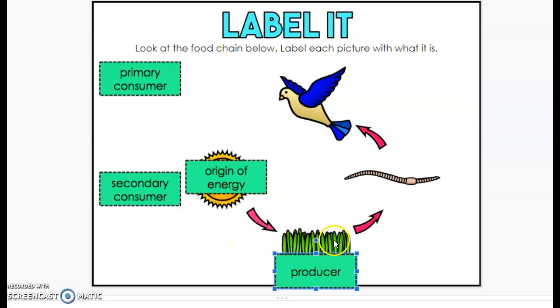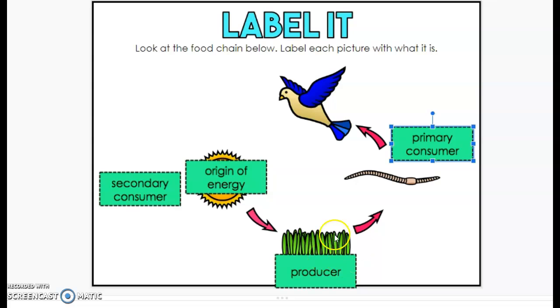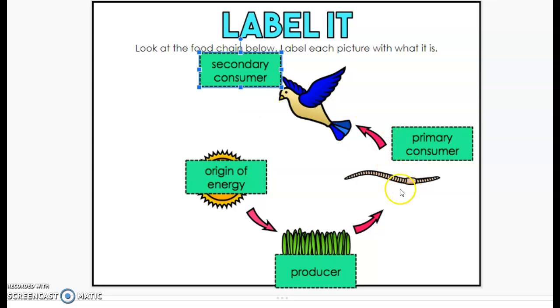Then the primary consumer consumes that producer, and then the secondary consumer eats that one. So it starts with the sun, that creates the grass, that the worms eat, that the bird eats.